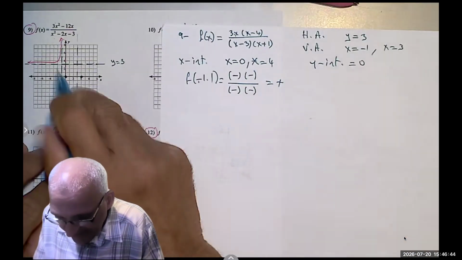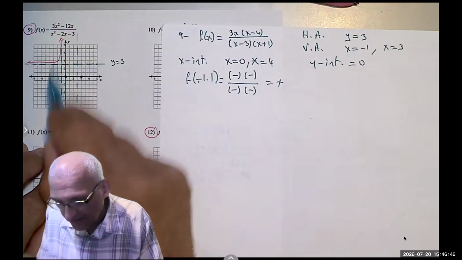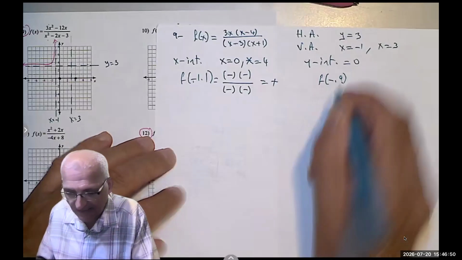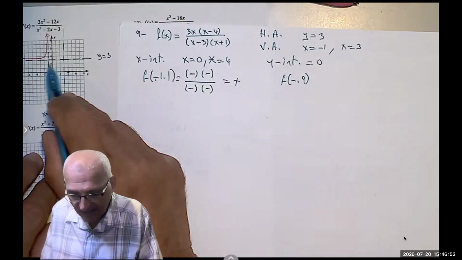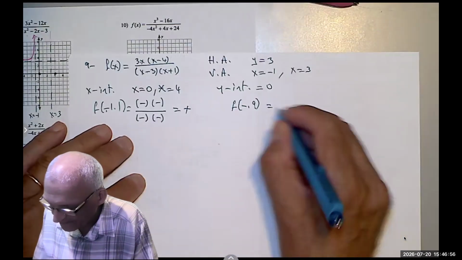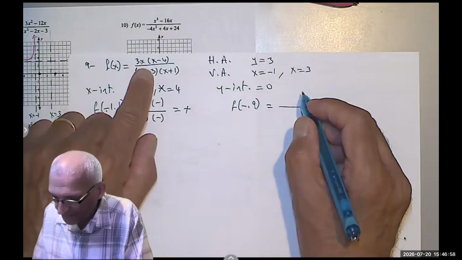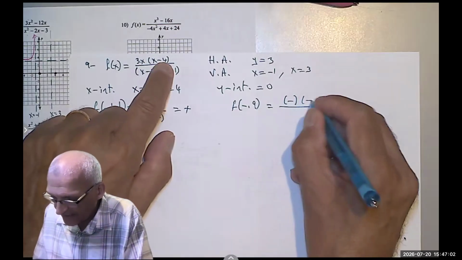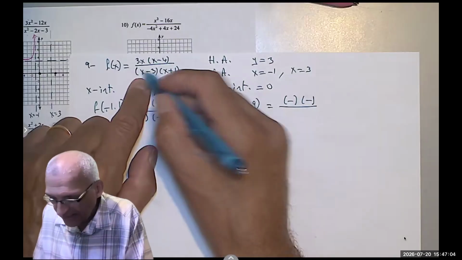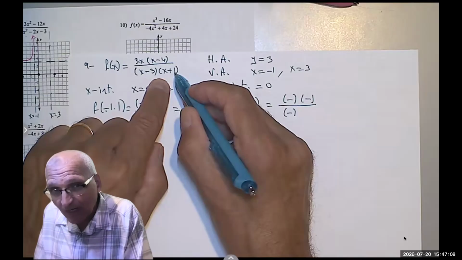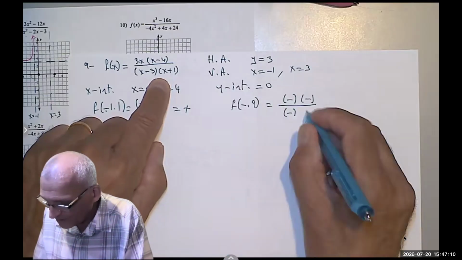How about if I am to the right of this, meaning at f of negative 0.9, for example? This is negative 1, so I got slightly higher, negative 0.9. Negative 0.9 would be negative. Negative 0.9 minus 4 is negative. Negative 0.9 minus 3 is negative, but negative 0.9 plus 1 is positive 0.1.